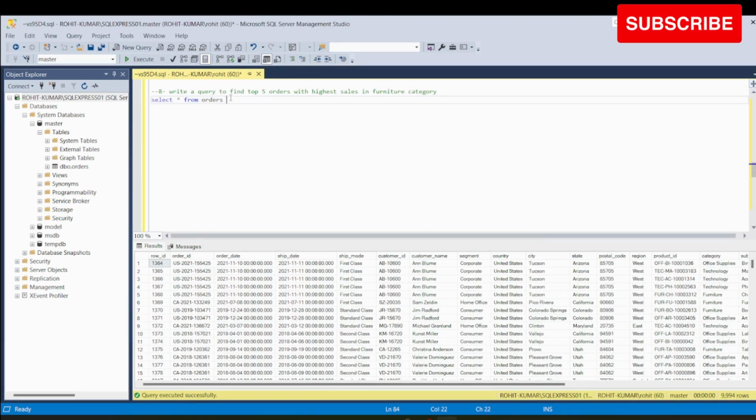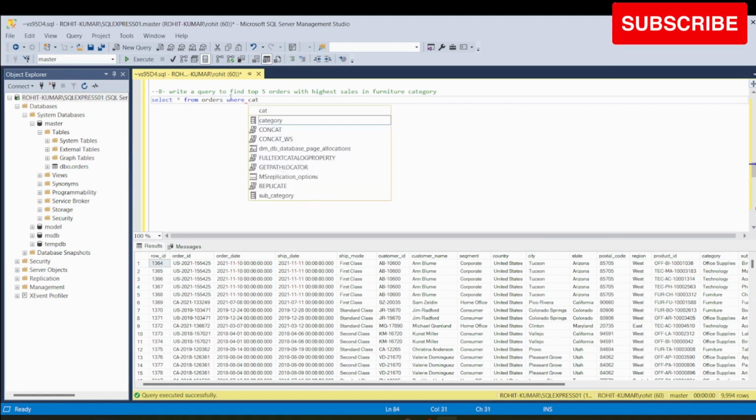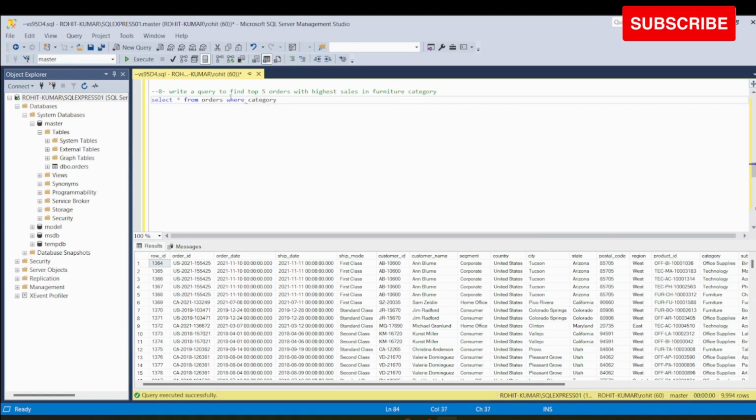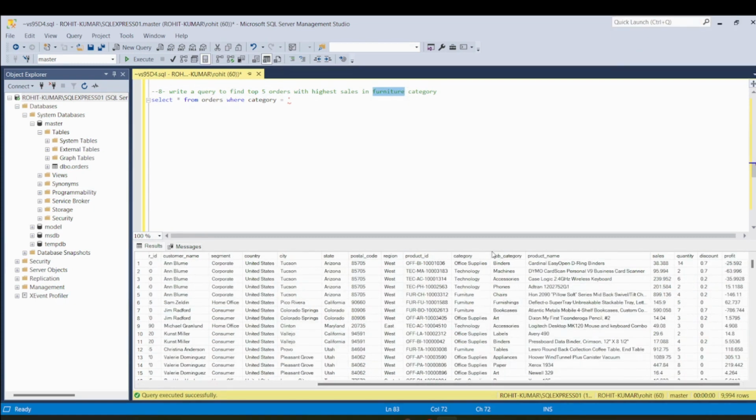So now we will put our second condition, using the where clause, that is category is equal to furniture. As you can see here, there are different categories: office supplies, technology, furniture.